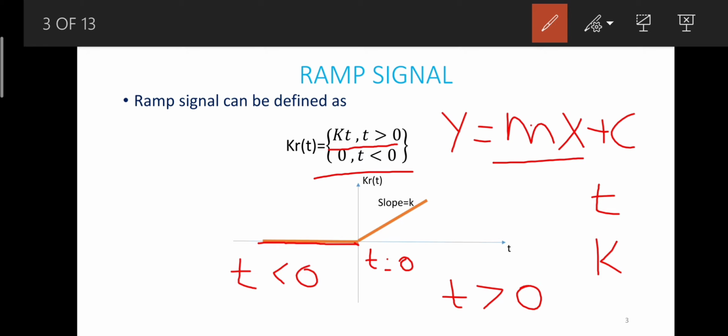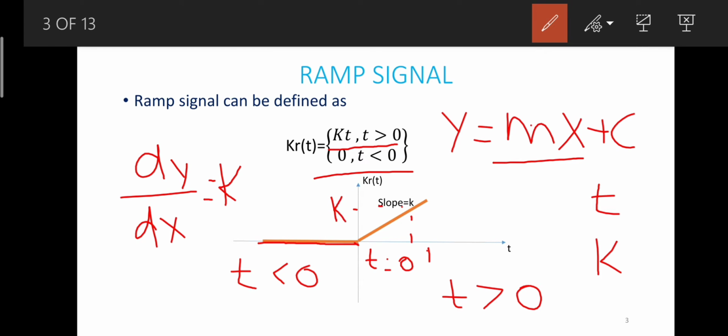So what is the slope? The slope means dy by dx, that is change in y corresponding to change in x. Here dy by dx equal to K means for every 1 unit change in x axis, the change in y axis will be equal to K. This is the meaning of slope.